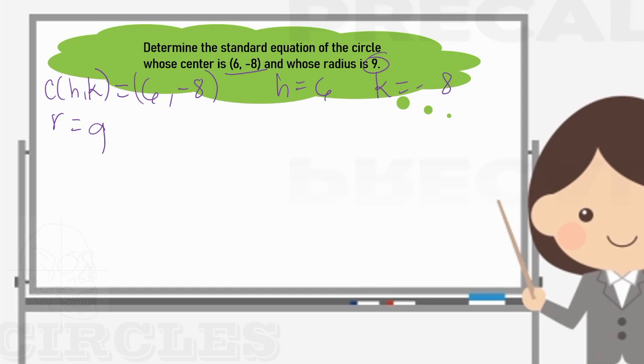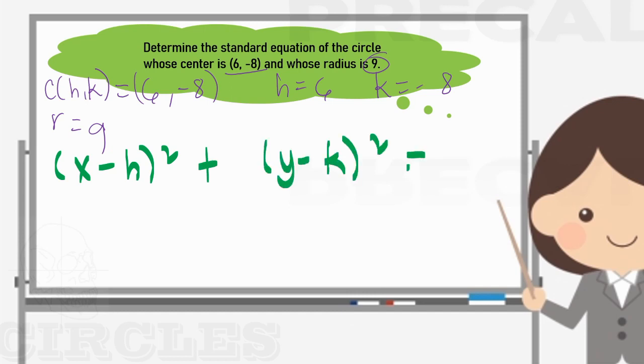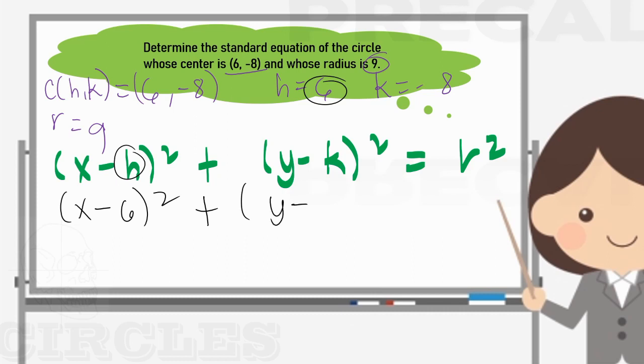And then, again, for the formula or the standard form ng circle, x minus h squared plus y minus k squared is equal to r squared. And then, again, direct substitution. So, x minus h daw, ito yon, minus 6 squared plus y minus value ng k, negative 8.